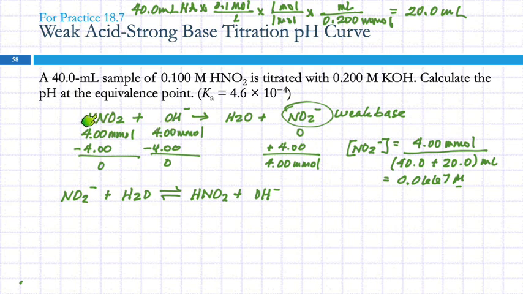So these guys neutralized each other, made a 0.0667 molar solution of this. And now I'm going to look at the pH of this weak base solution. So that's my initial concentration for the nitrite ion. The nitrous acid is 0, the hydroxide is essentially 0.